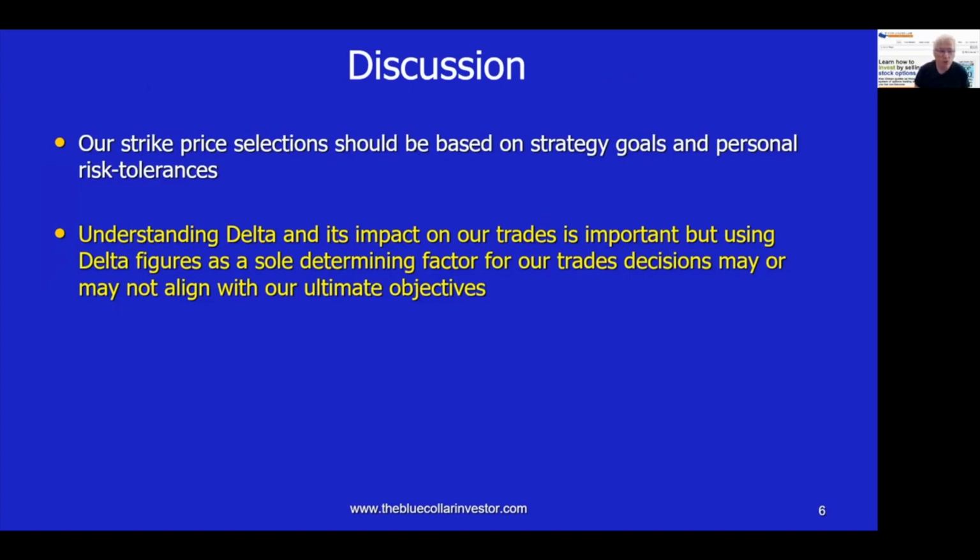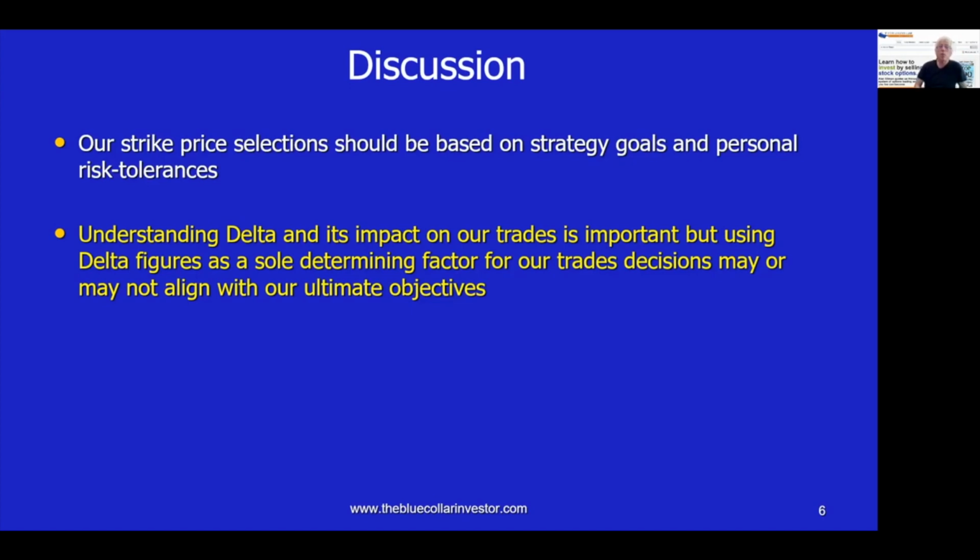So really, just to summarize things, folks, strike selection should be based on our strategy goals and our personal risk tolerance, period. Understanding delta and its impact on our trade is important. I'm not minimizing that. But using delta figures as a sole determining factor for our trades is a mistake.